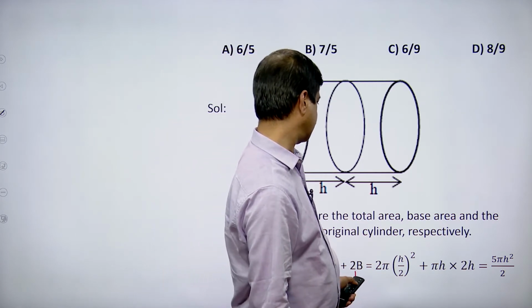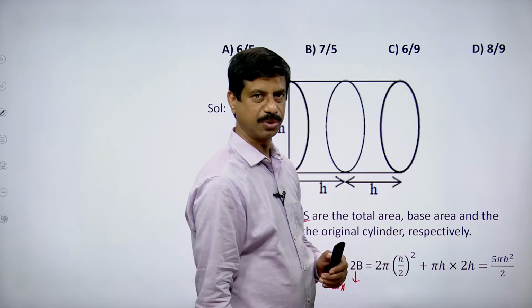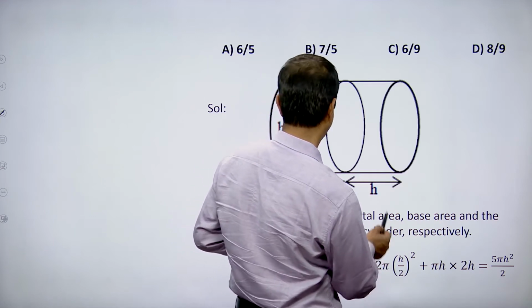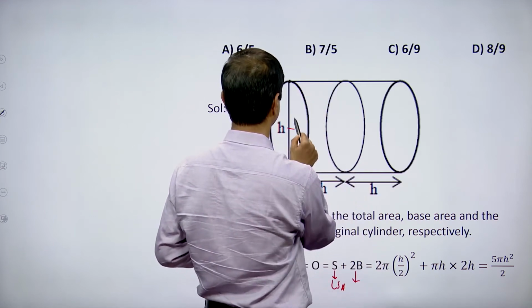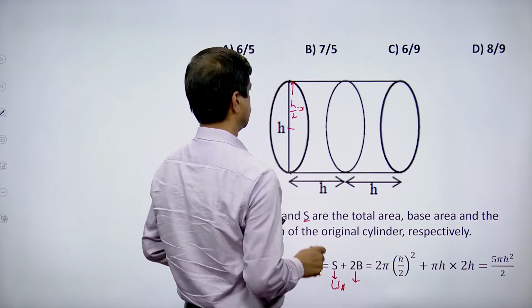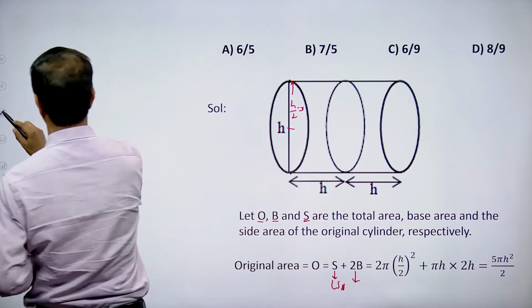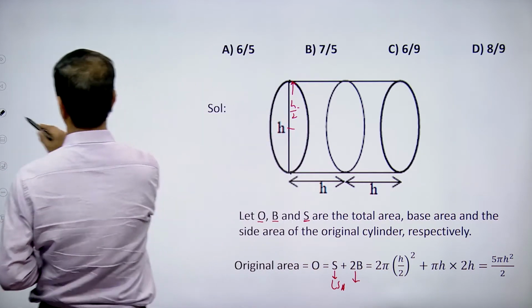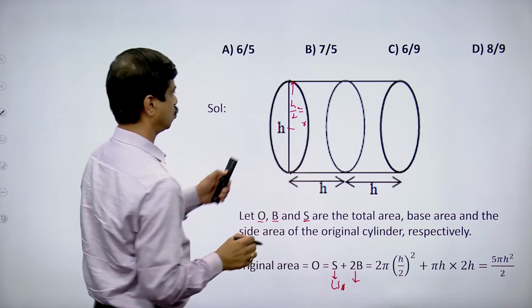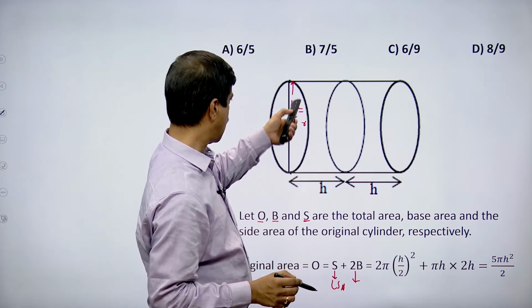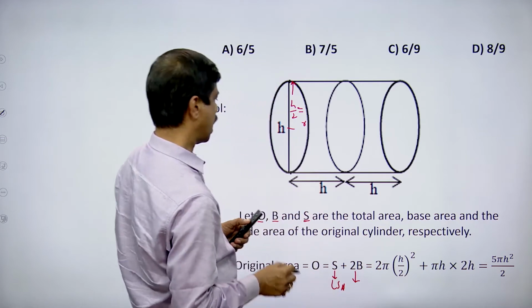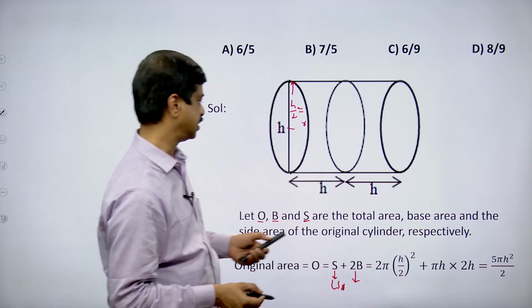Lateral surface area is 2 pi r h, and the radius is h by 2. So 2 pi r, and height is h. And 2 times base area is what?